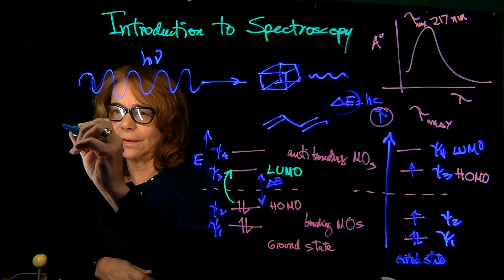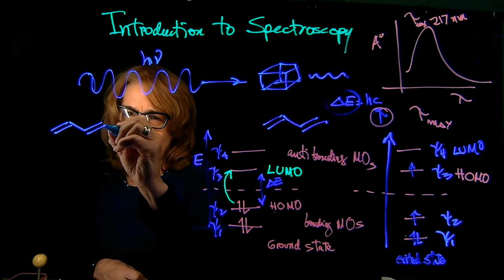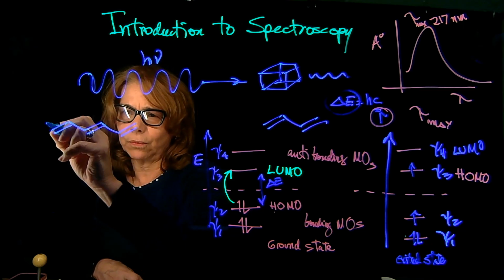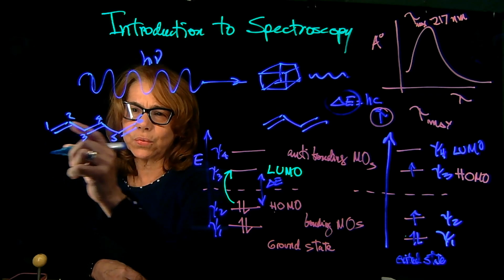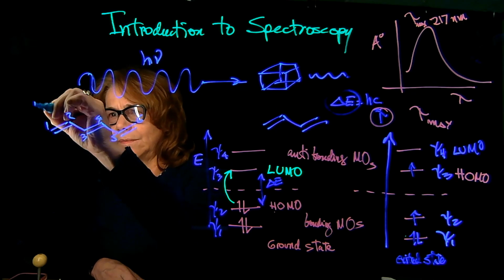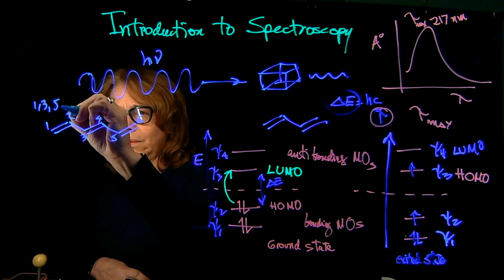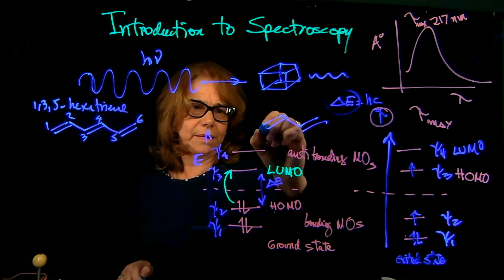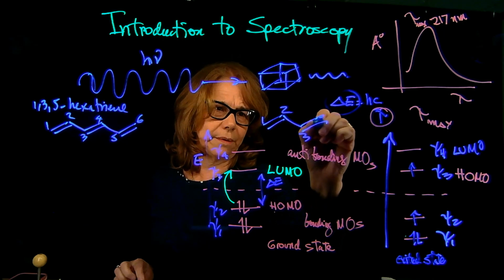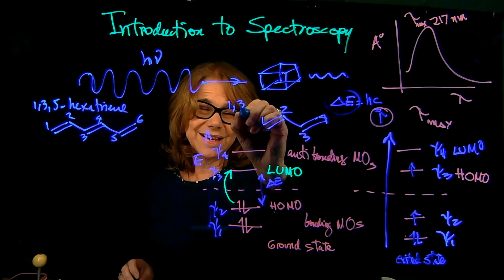If I had, for example, hexatriene, well, this is 1, 2, 3, 4, 5, 6. So this is 1,3,5-hexatriene. And this is 1, 2, 3, and 4, so 1,3-butadiene.